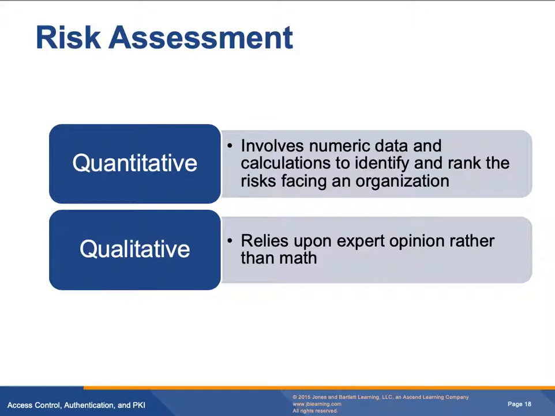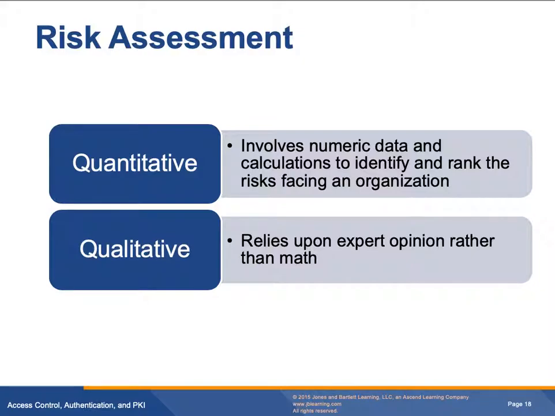Risk assessment, there's both qualitative and quantitative. Quantitative is always numbers, qualitative is like opinions. So quantitative risk assessment involves numeric data and calculations that identify the risk, and also rank the risks as well. For example, I know how much a computer costs. I can calculate the risk of that computer being stolen, and also what is the cost of that computer if it was stolen.